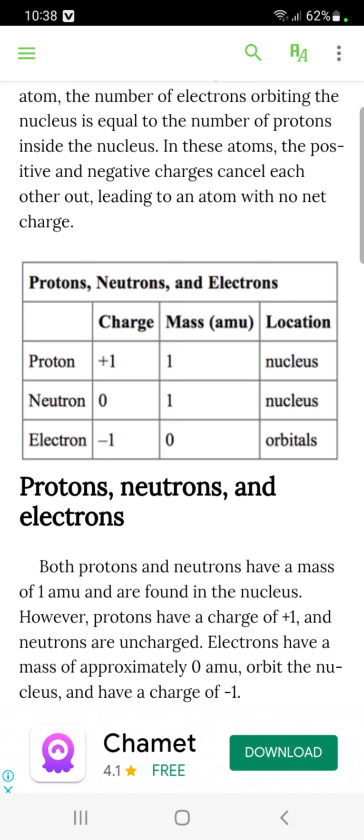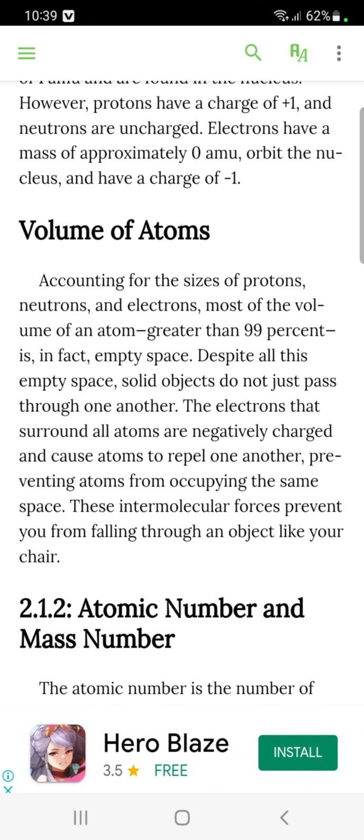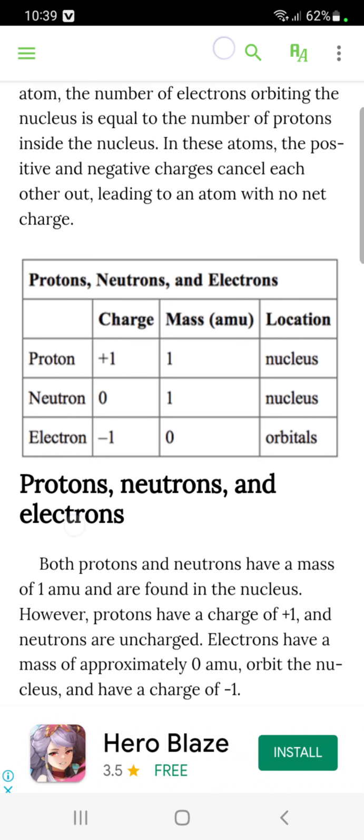Here is the table of protons, neutrons and electrons. Proton: charge, mass, location in nucleus.